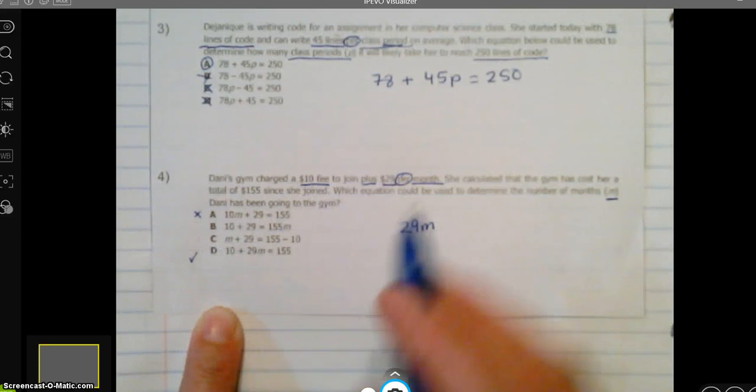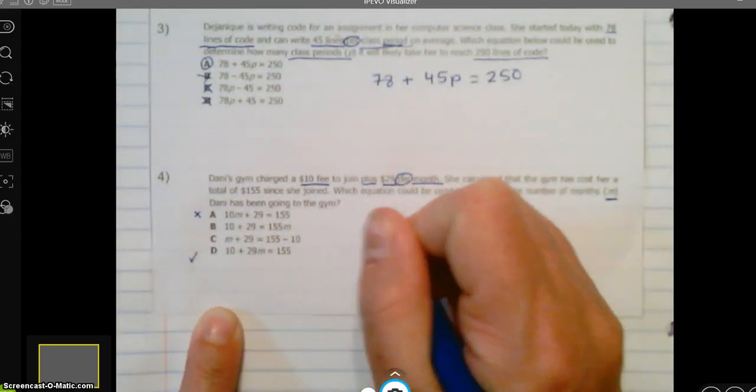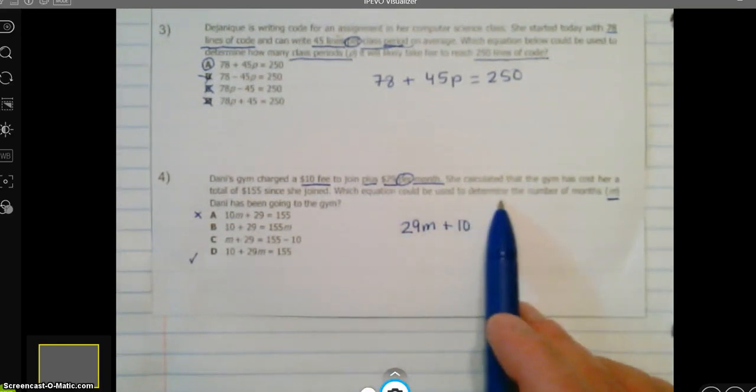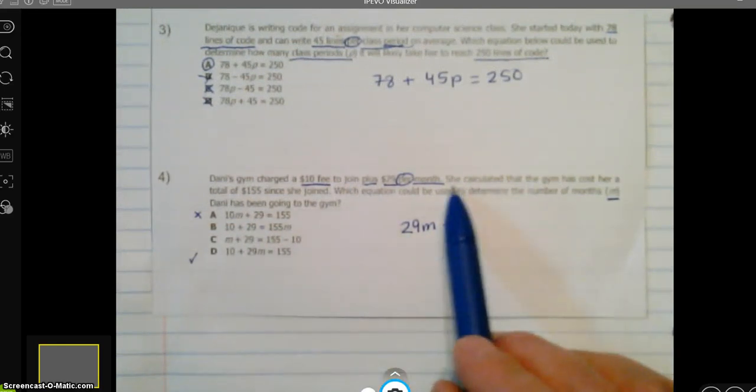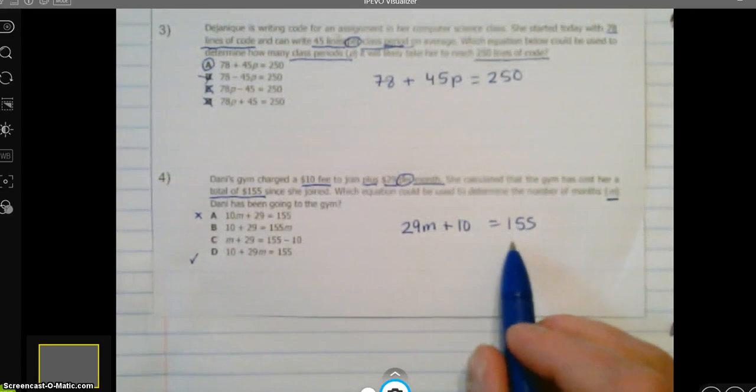But Danny also has to pay a $10 fee, and I can put that here, or I can put that ahead of it. It doesn't matter. She calculated that the gym has cost her a total of $155. So that's the total.